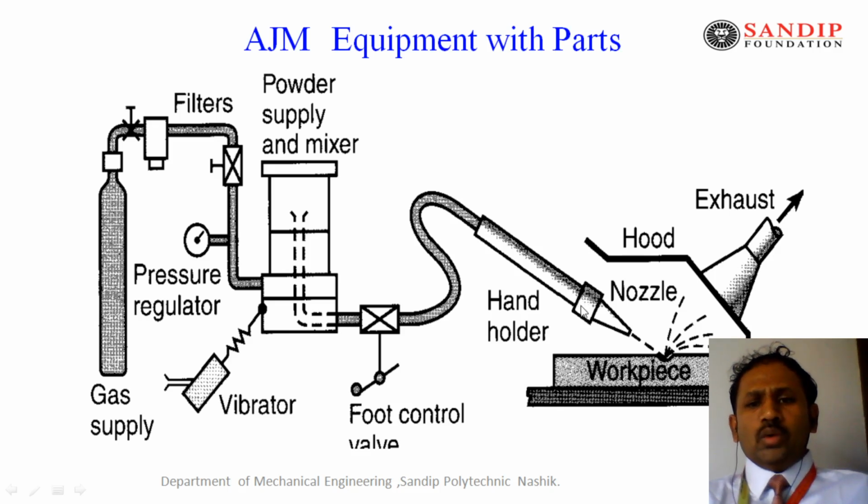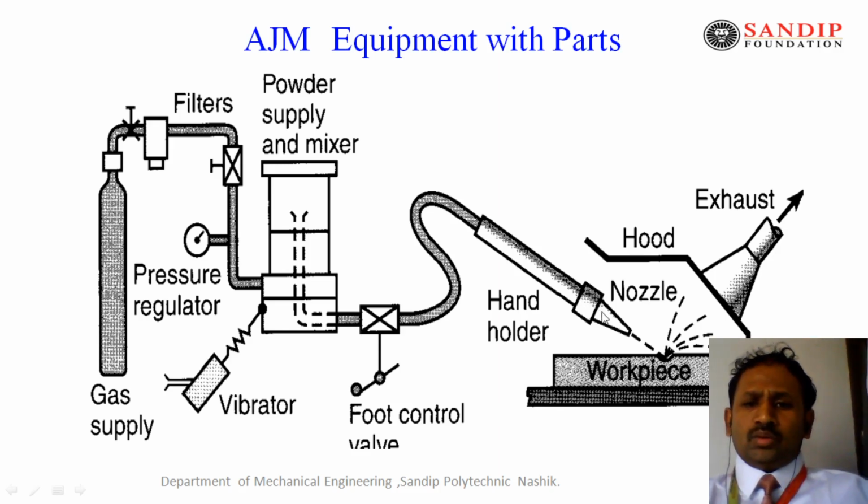Now the nozzle is provided. What is the function of the nozzle? The nozzle is a device in which pressure energy is converted into kinetic energy, or a high velocity jet. These mixed abrasive particles pass through this nozzle. The nozzle material should be special because there is a high velocity jet of abrasive materials, so it should not affect the nozzle material.